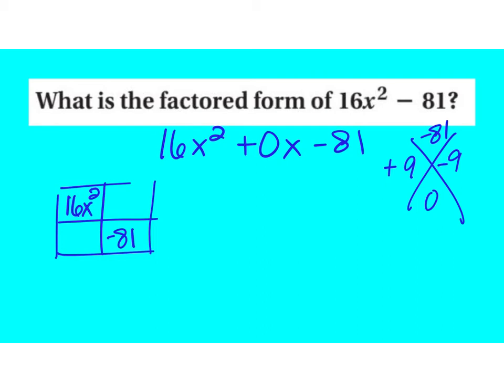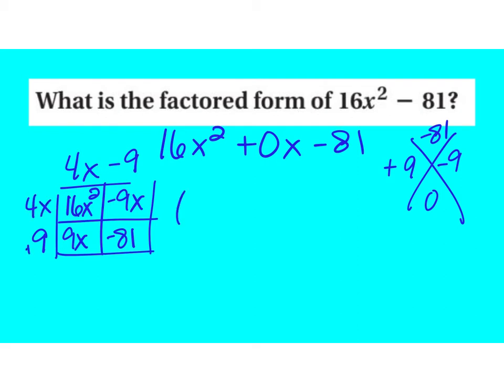That means I'm going to have 9x here and a negative 9x here. So we know we're factoring out a 9 here and a 9 here. We'll make this one the negative. This would actually be 4x and 4x, and this would be a plus 9.